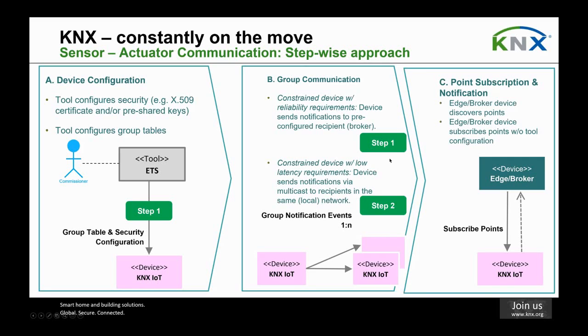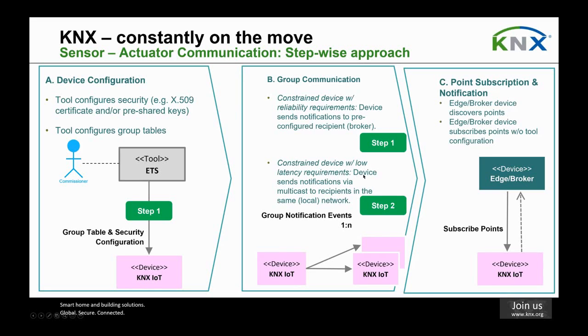And as a first step, we want to realize in the Point API the possibility to use group communication for constrained devices with reliability requirements. So such devices would send notifications to pre-configured recipients, that would be brokers. And as a second step, we would like to realize constrained devices with low latency requirements.